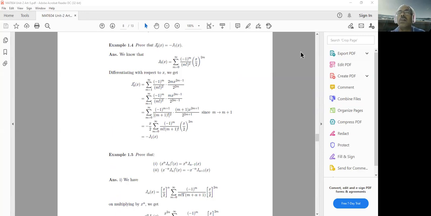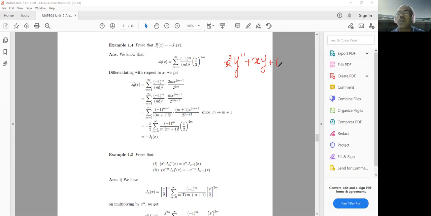If you take alpha equal to 1, the Bessel equation is like this, which I will write here. x square into y double dash plus x into y dash plus, in general we have x square minus alpha square.